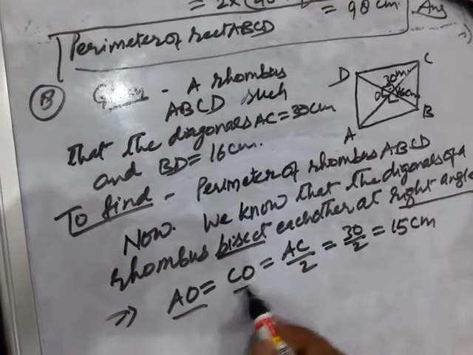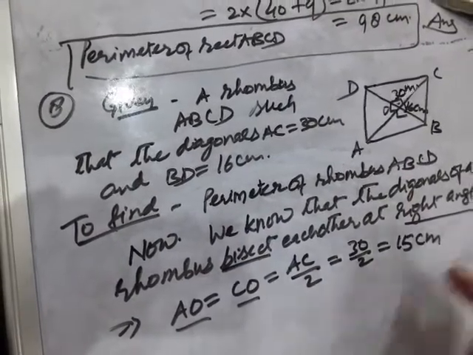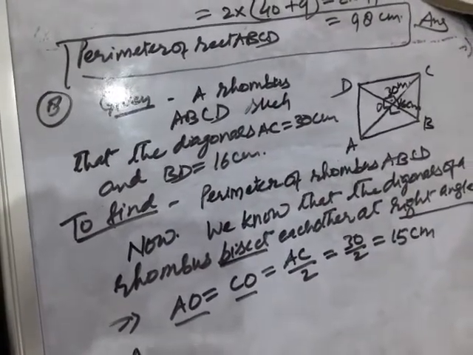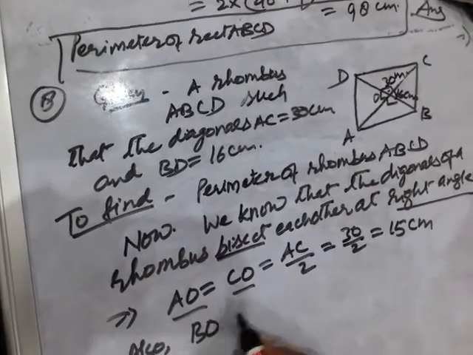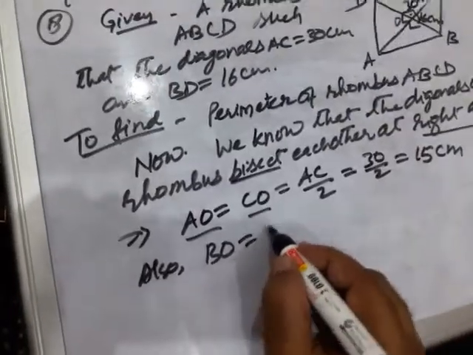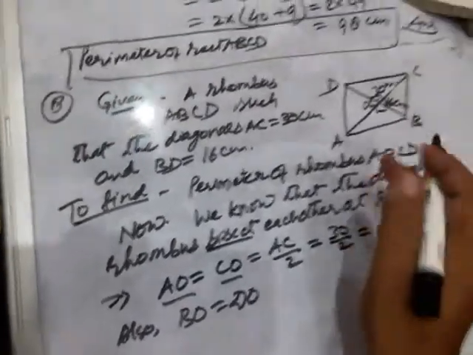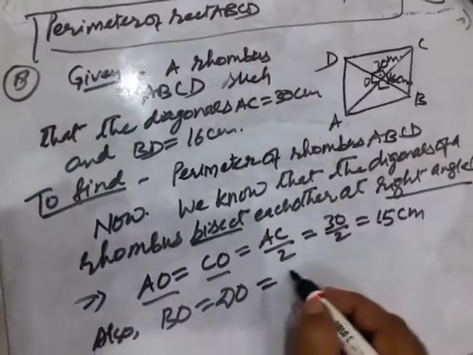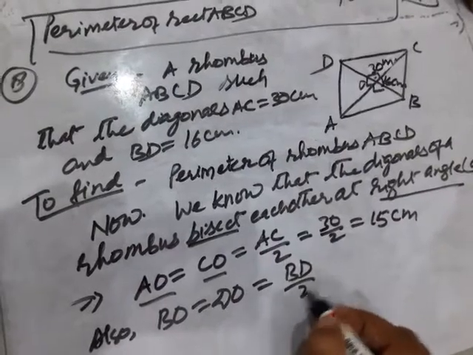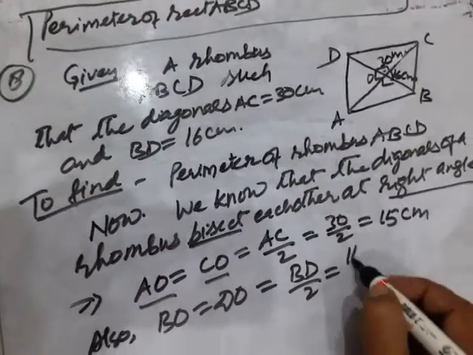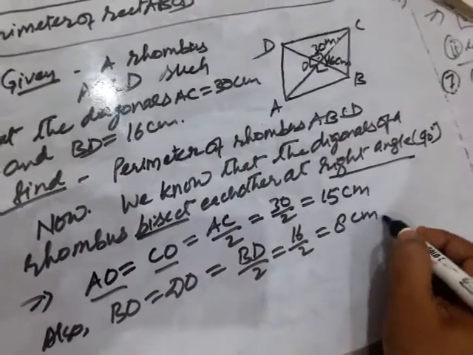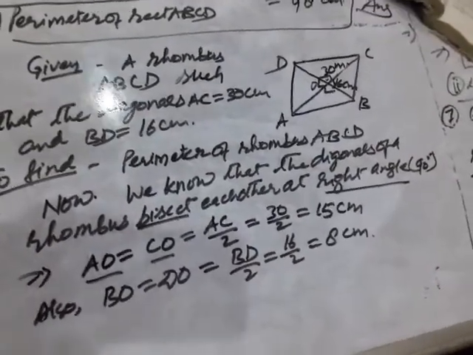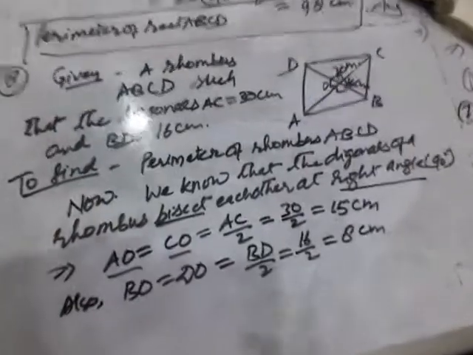Means AO equal to CO equal to 15 centimeter, and also BO equal to DO equal to BD upon 2, that is 16 upon 2, that is 8 centimeter. So AO, BO, CO, DO, you have found out.